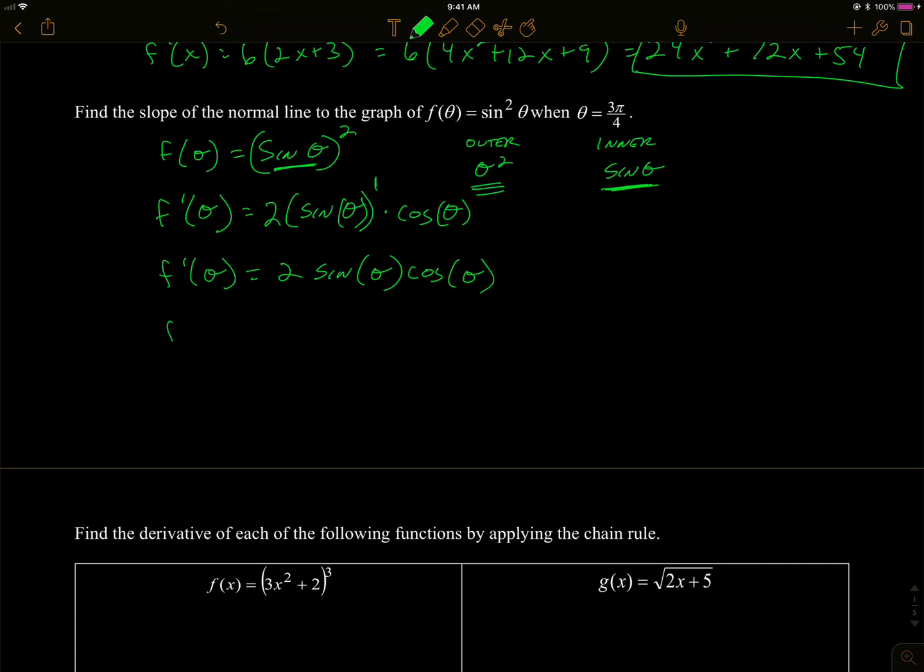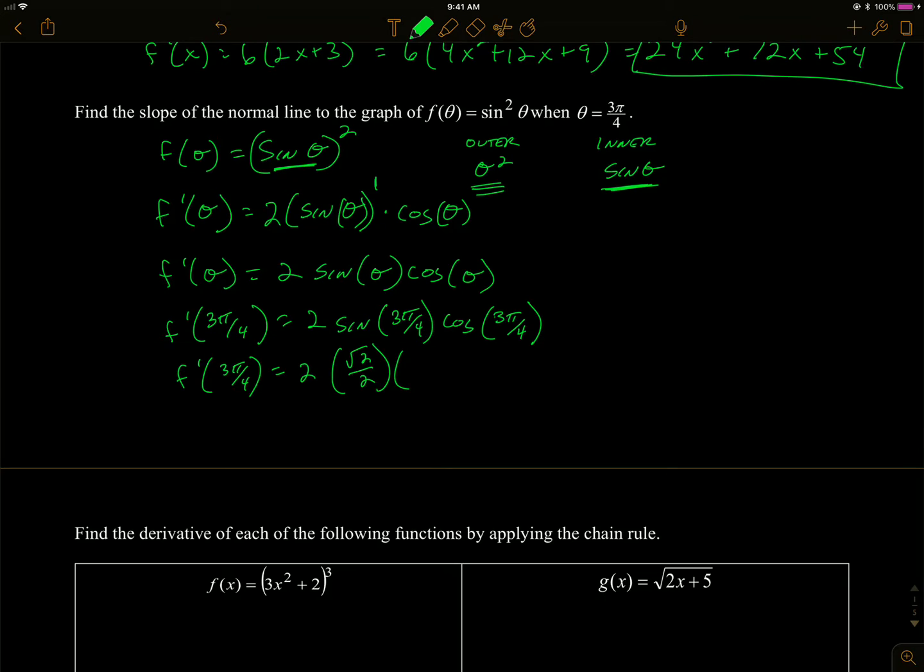So if I plug in 3 pi over 4, that should be equal to, let's see, 3 pi over 4 is over there in quadrant 2, so it's going to be 2 times, the sine value will be positive, the cosine value will be negative, so this 2 reduces with one of those 2's, so it's going to be over 2.